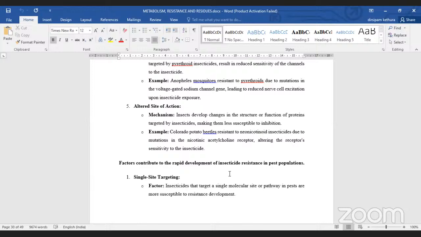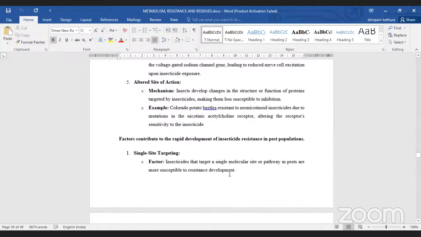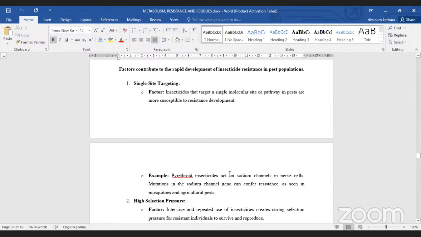And now we are going to talk about the next part under insecticide resistance, the factors that can contribute to the rapid development of insecticide resistance in pest control. There are different types of factors that affect this, and here we could see different areas.